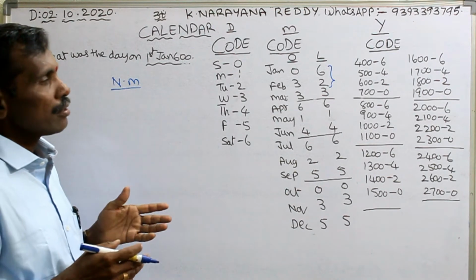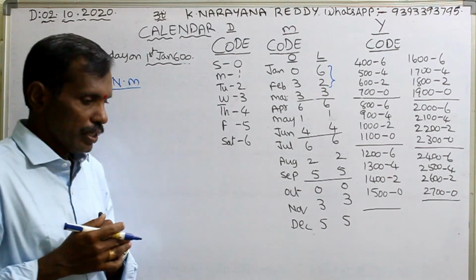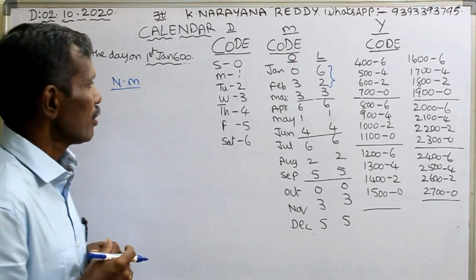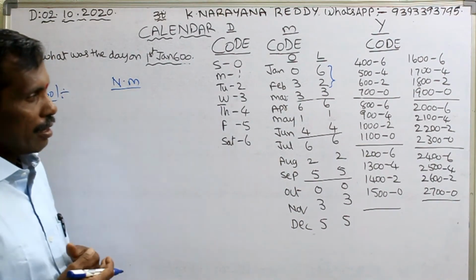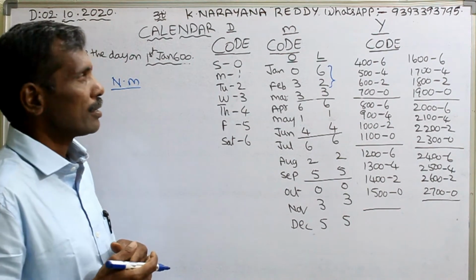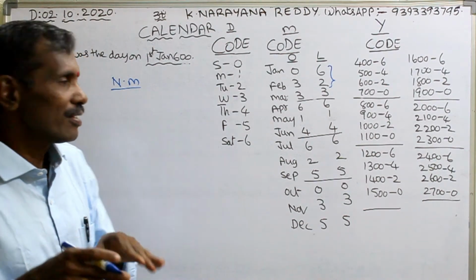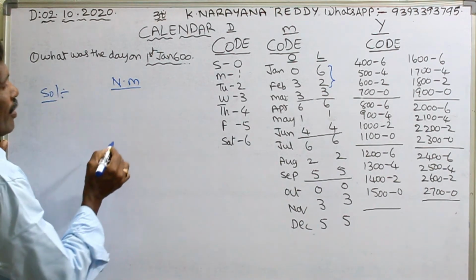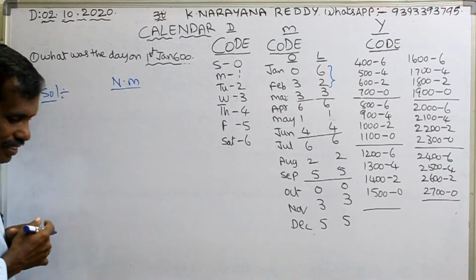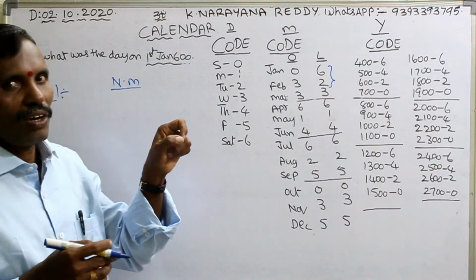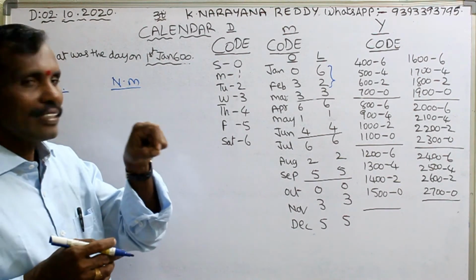Both are the same, but in competitive exams we can use the shortcut method to save time. I am telling the normal method here so you know the difference between the normal method and the shortcut method. So see here, 600 years means 1st Jan 600, the first day of the 600th year.